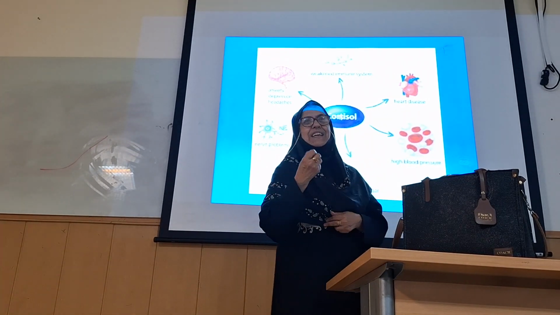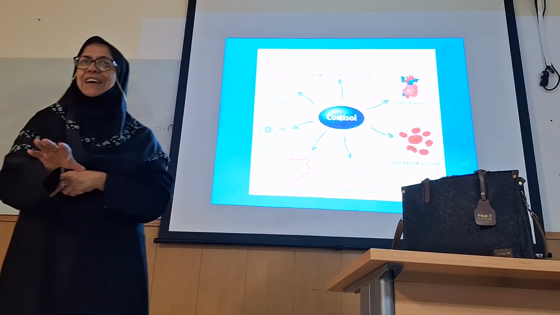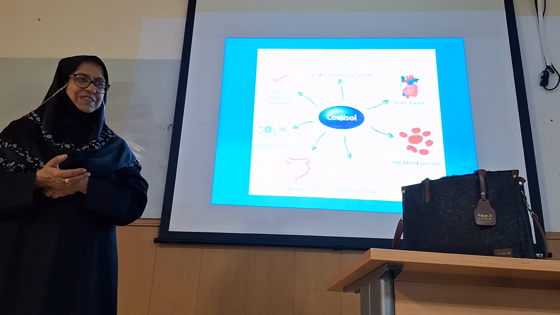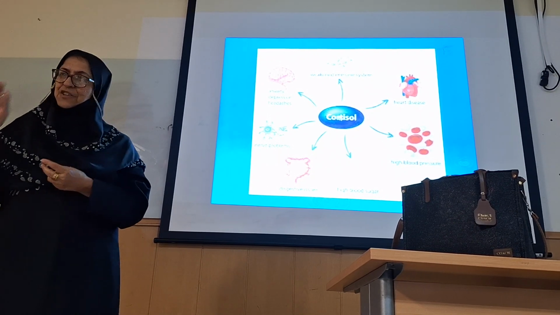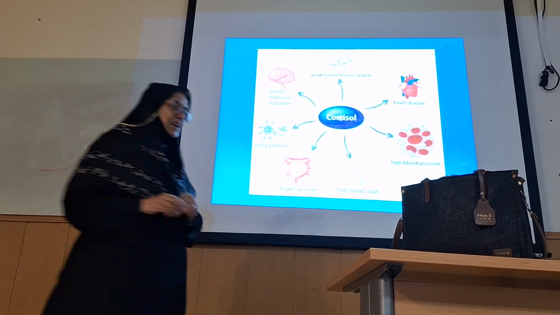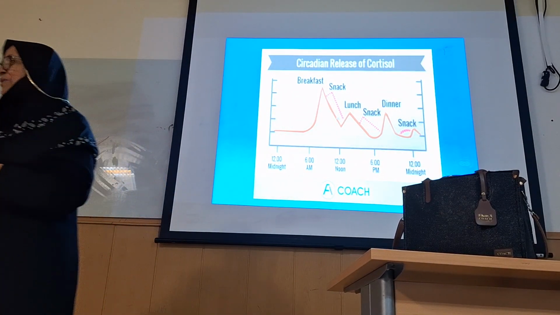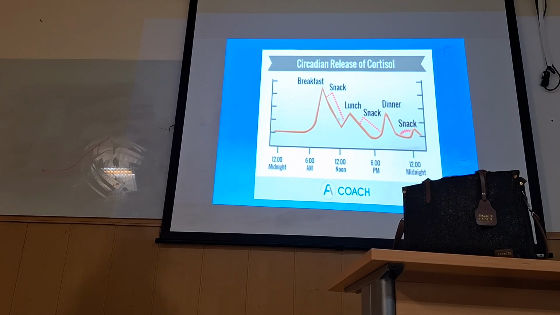For example, insulin cannot combine to any protein and is in free form in our blood. Thyroid hormone combines to the TBG, thyroxine binding globulin.